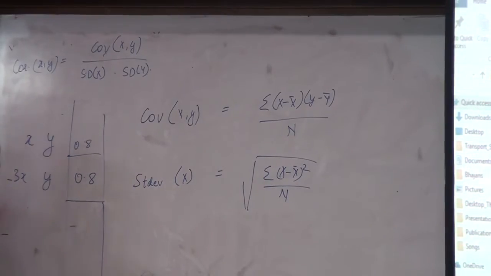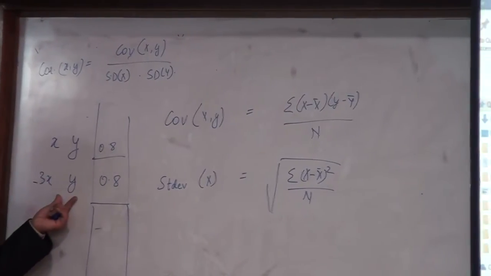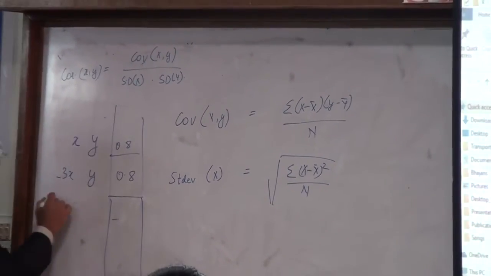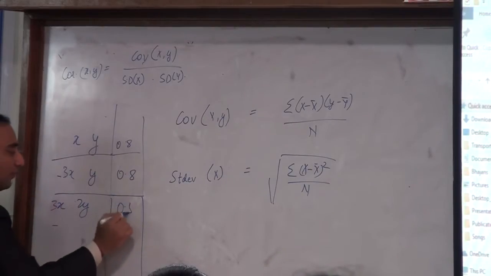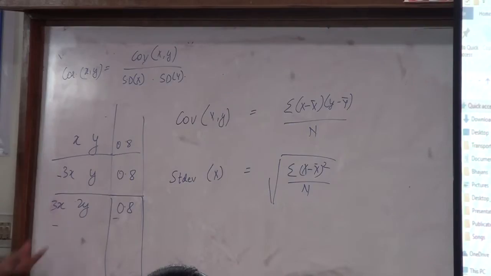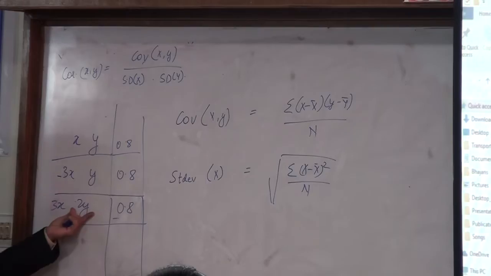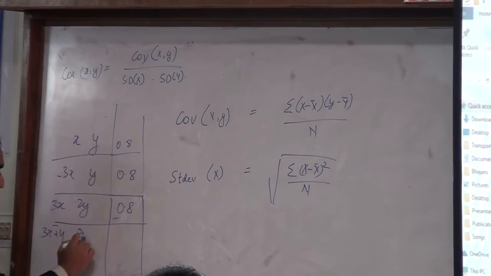Again, if I multiply y also with another number, let us say 2, so I will have 3x and 2y. It will be again 0.8. I multiply x by 3 and add 4 to all the numbers, 3x plus 4. I multiply y by 2 and add 7, so it will become 2y plus 7. The correlation between them will also be 0.8.